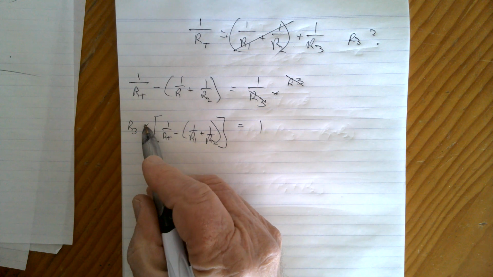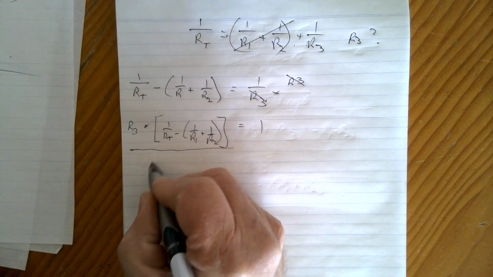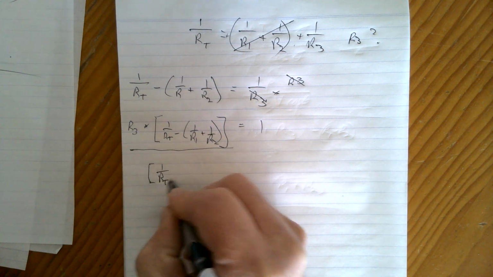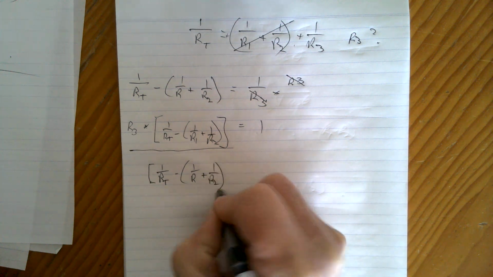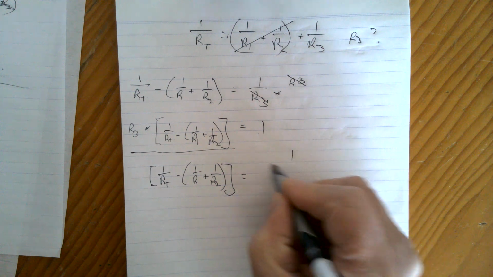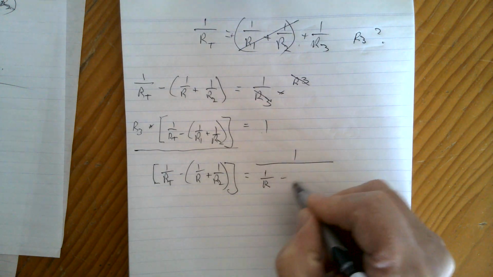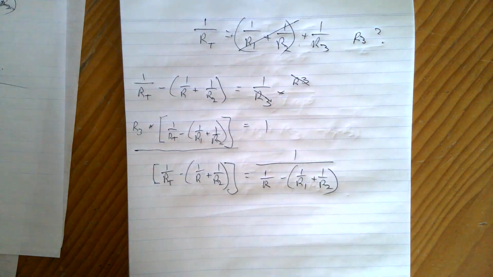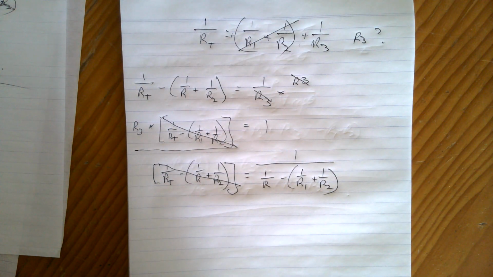Now, because this is R3 times that value, we divide both sides of the equation by the parentheses, 1 over RT minus (1 over R1 plus 1 over R2), giving 1 divided by 1 over RT minus (1 over R1 plus 1 over R2). So this lot cancels out, of course, on that side of the equation.